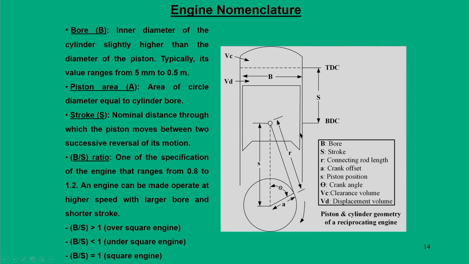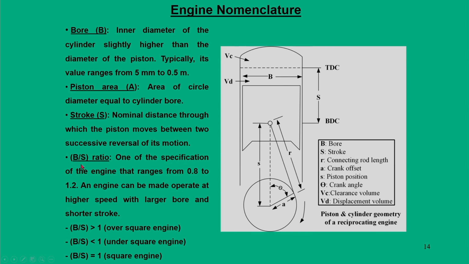The bottom limit the piston can go to is BDC. The distance between TDC and BDC we call the stroke. From TDC the piston reverses its path, which we call a reversal of its motion, and the same thing happens at BDC, where the piston reverses its path from bottom to top.